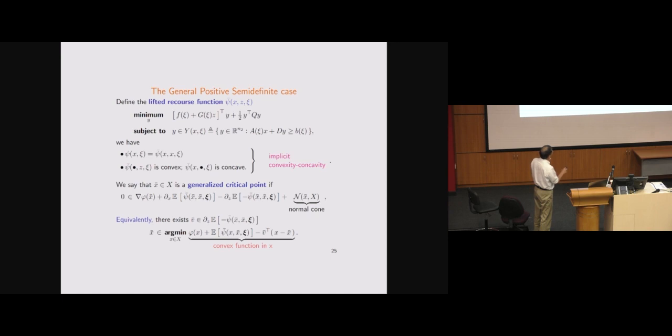I fix the first component x bar and take the convex subdifferential with respect to the second component. A vector is said to be a generalized critical point in this sense. It is the generalization of a critical point when you have a DC function. But when you don't have the explicit DC structure, this is what we do. You take advantage of this, and then you look at this point.